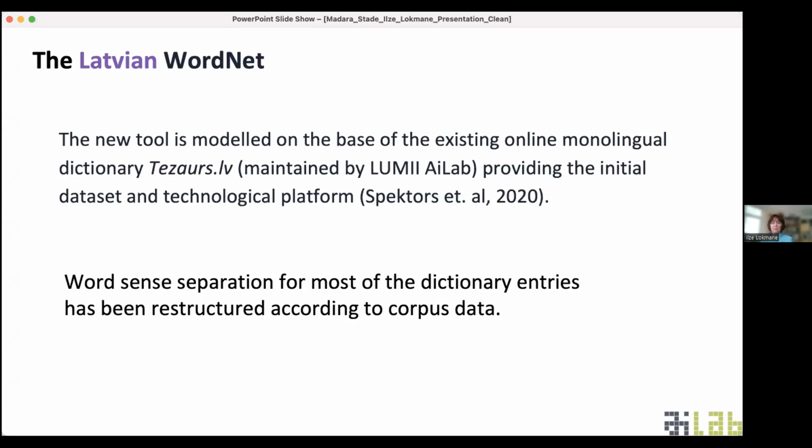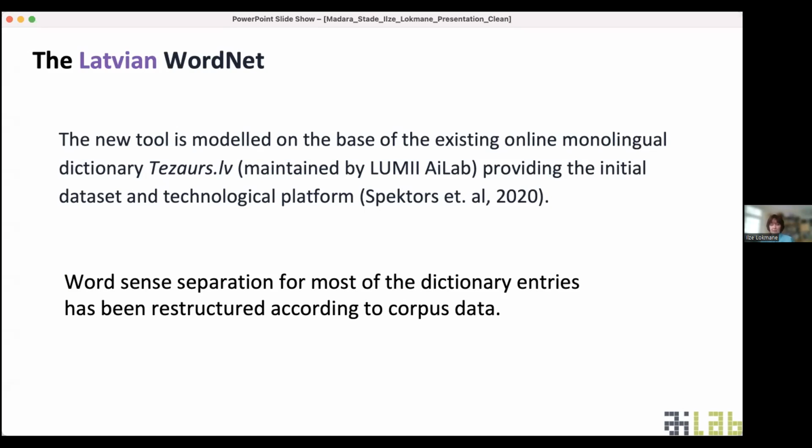Thus, the new tool is modeled on the base of the existing dictionary Thesaurus LV, which is also maintained by the Artificial Intelligence Laboratory, and it provides both the initial data set and the technological platform.